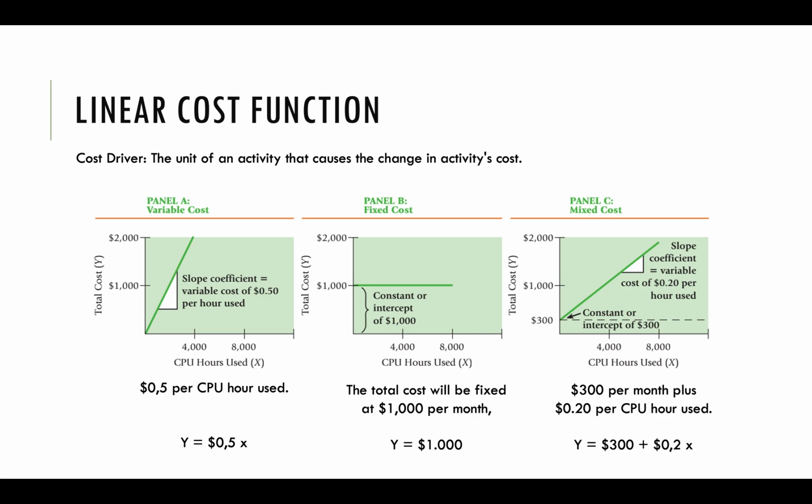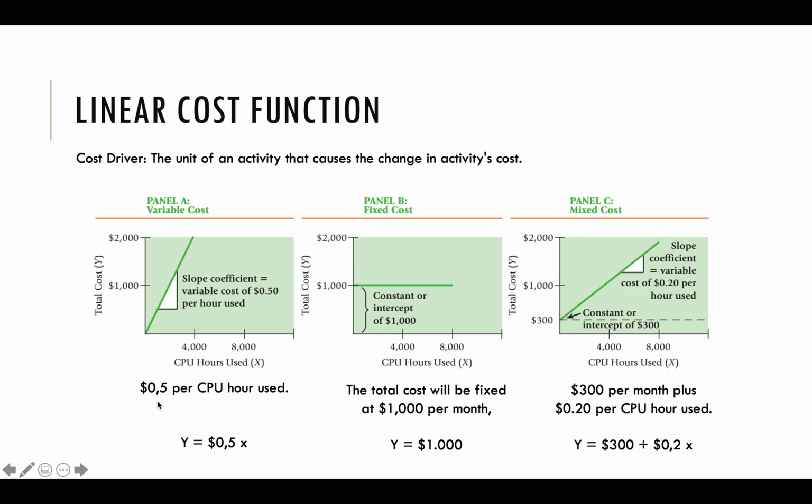For the variable cost, you can see it in panel A. It shows the relation between CPU hour use and the total cost. Here CPU hour is the cost driver because it affects the total cost.